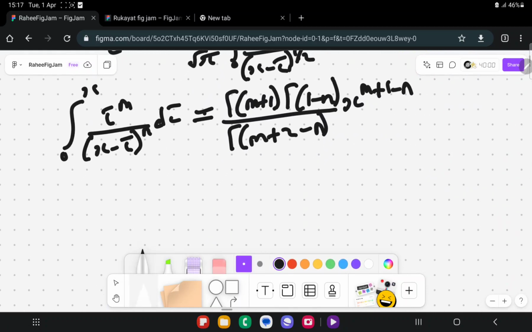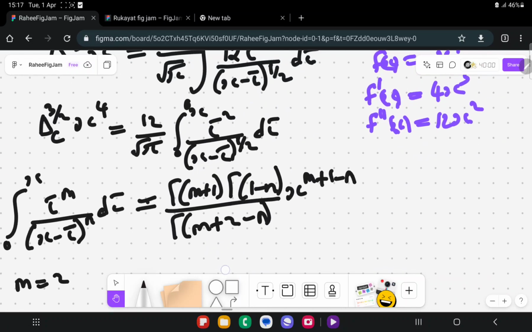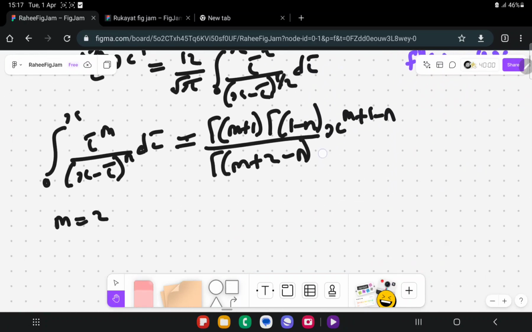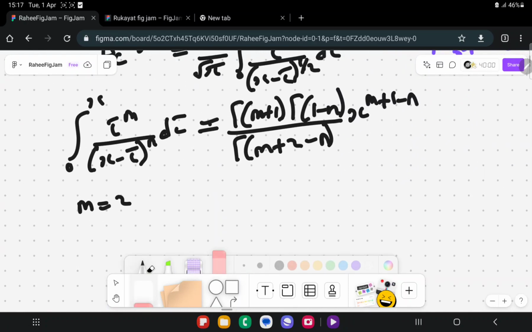So all we need to do is just substitute. We know in this case our m is given to be 2. The power of tau here is 2, which is our m. So now let's continue.